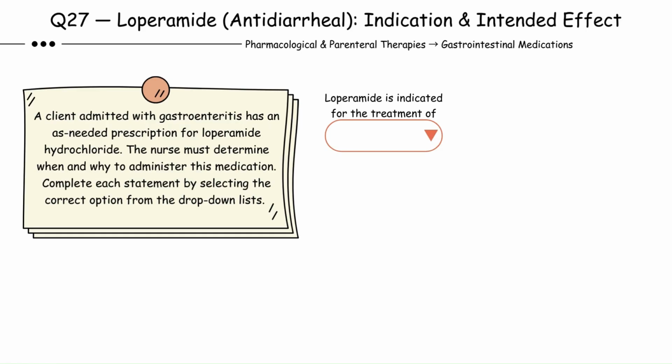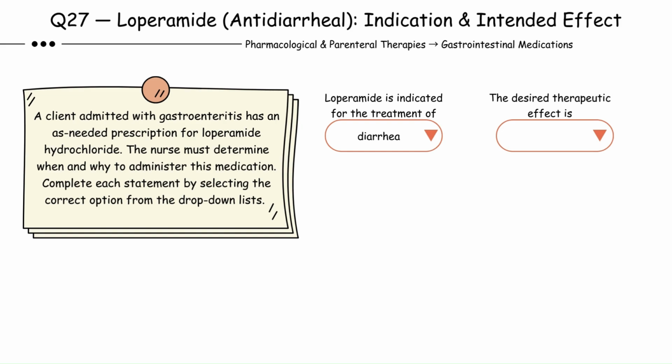Here are the options: constipation, abdominal pain, diarrhea, vomiting. Take a moment to think about which one is correct. The correct option is diarrhea. Statement 2.